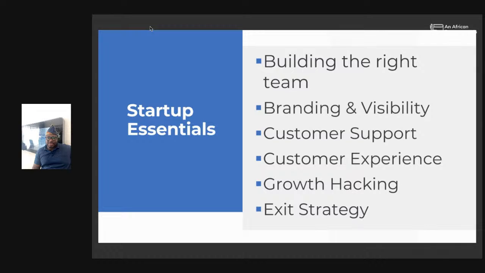That is the essence of growth hacking, and there is a lot of technology and a lot of things that can be done around that. So we'll tell you how you can hack your growth from the point of partnership.